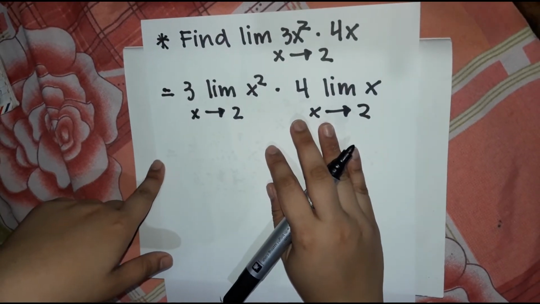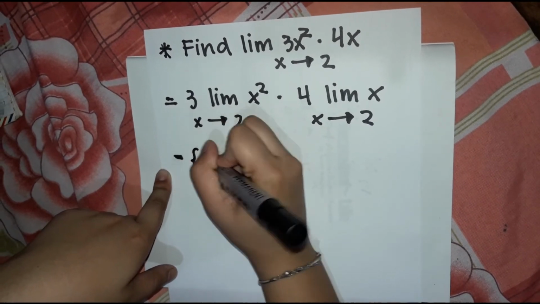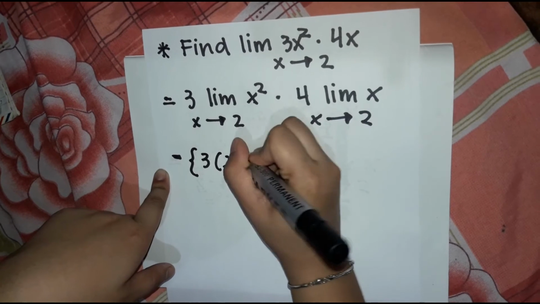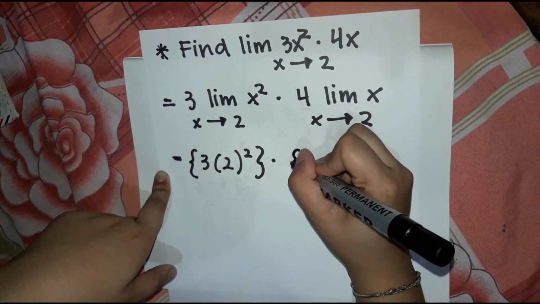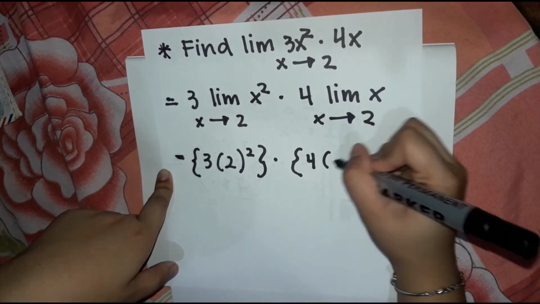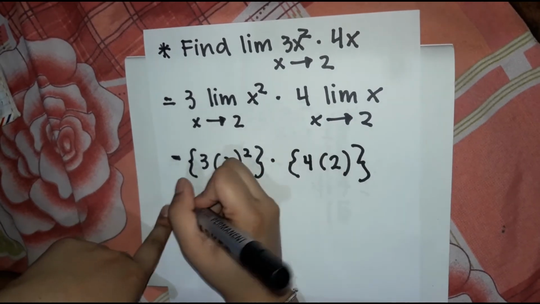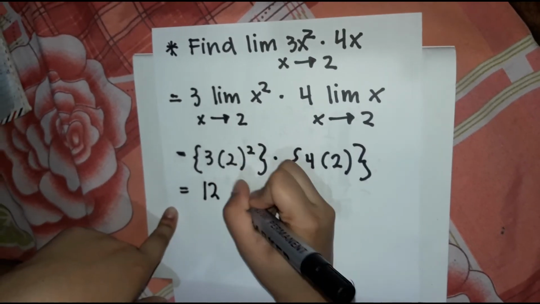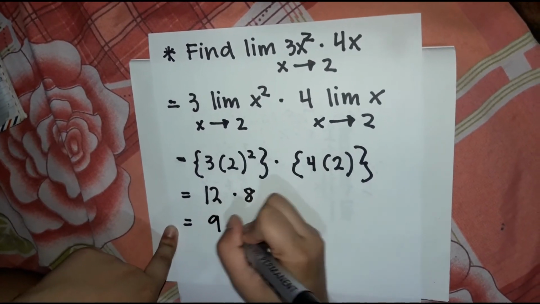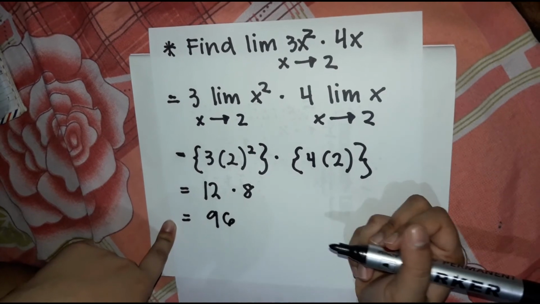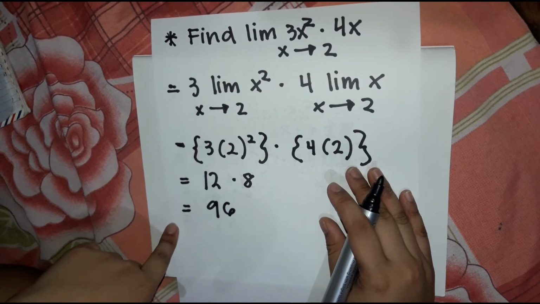Then perform the indicated operations. So the final answer is the limit of 3x squared times 4x as x approaches 2 is 96.